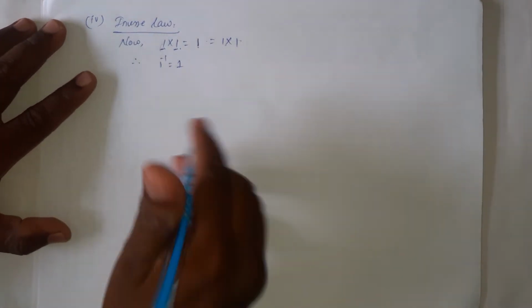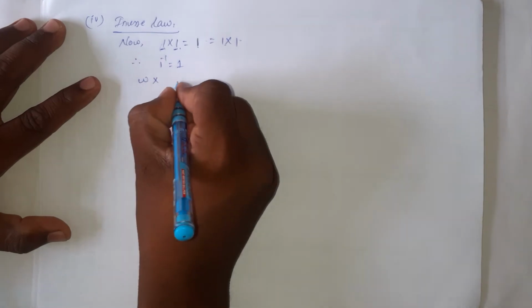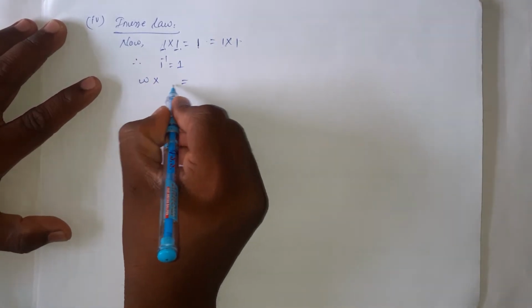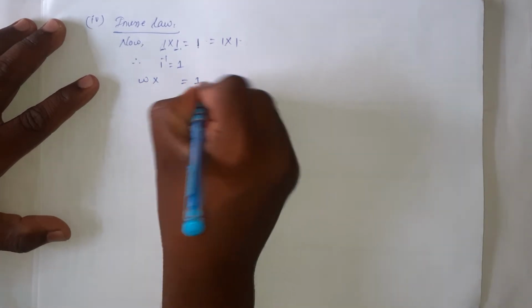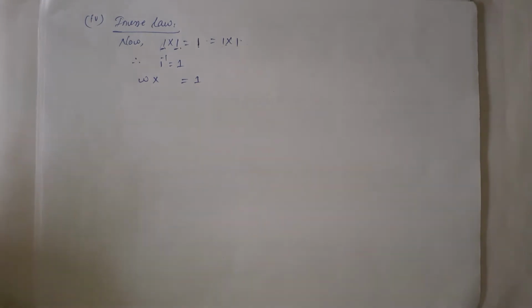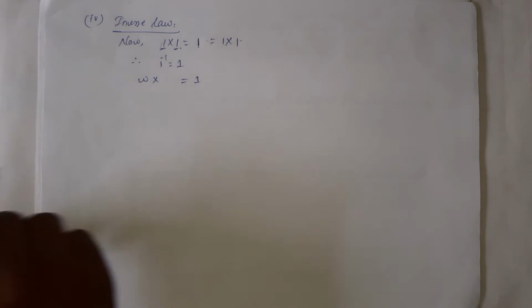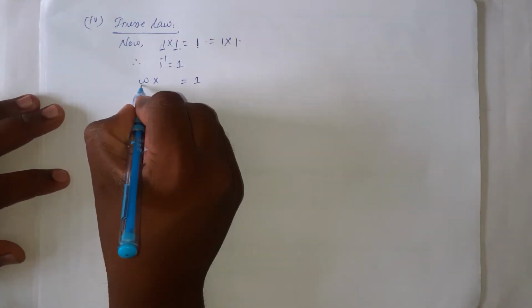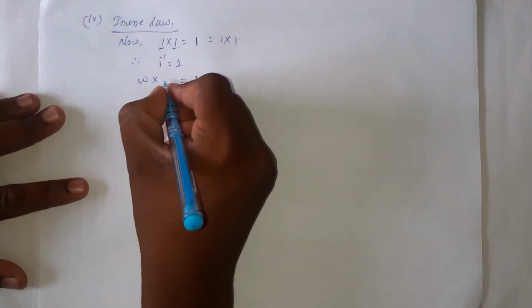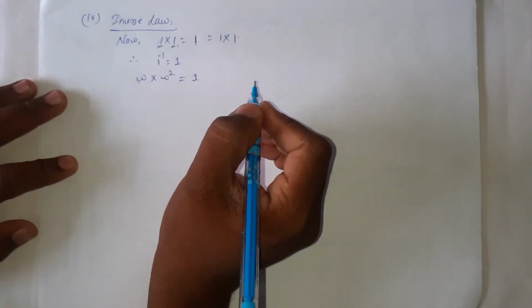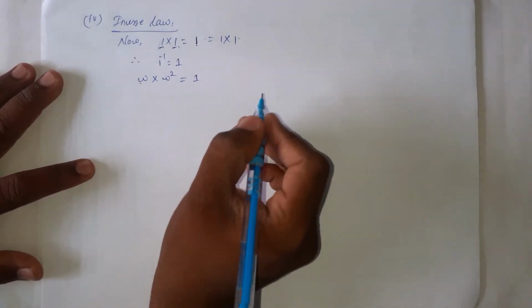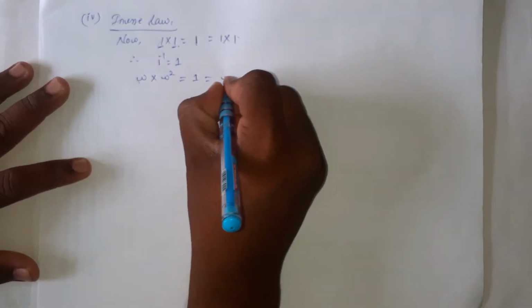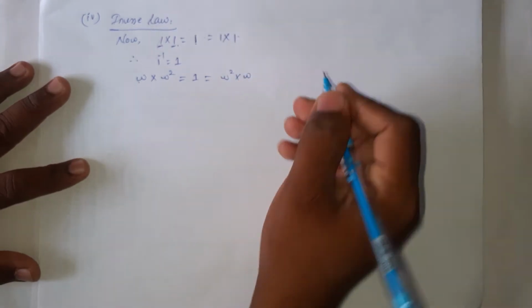Next, the second element is omega. Here we need to multiply by some element so that the product is equal to plus 1. We know one standard result, that omega cube is equal to 1. If you multiply omega by omega square, it becomes omega cube, which is equal to plus 1, the identity element, and this can also be written as omega square into omega.